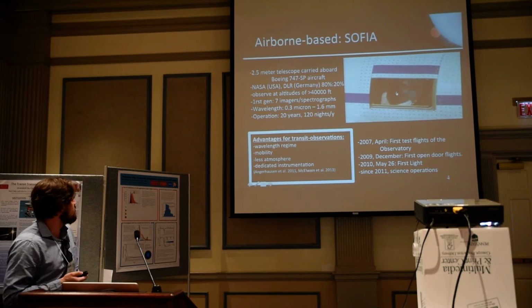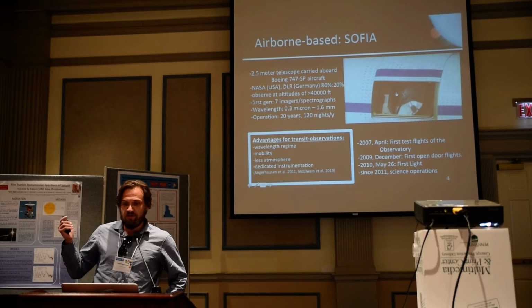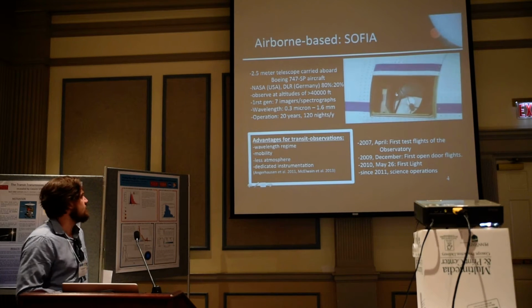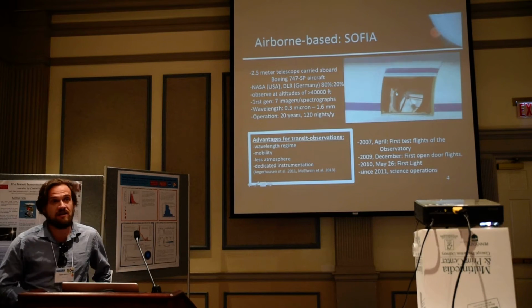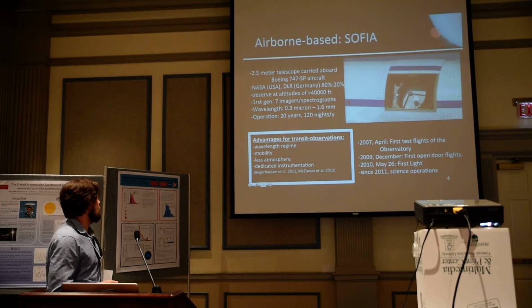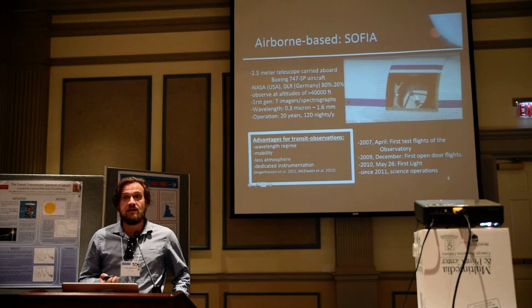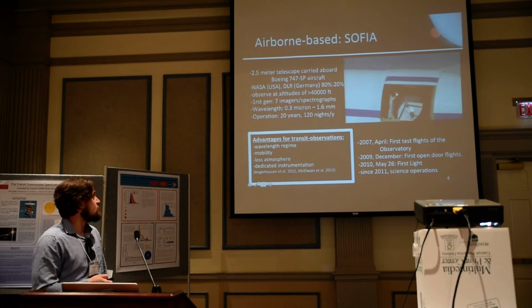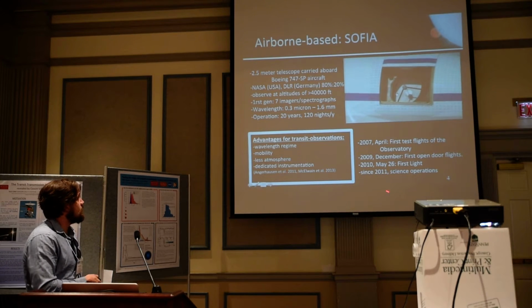The first generation of instruments are seven imagers or spectrographs from the optical to the very far infrared, and basically the main purpose of SOFIA is the longer wavelengths, so it's kind of like a Herschel science case mostly. It's supposed to operate for 20 years with about 120 nights per year, so not every night like a ground-based telescope, unfortunately.